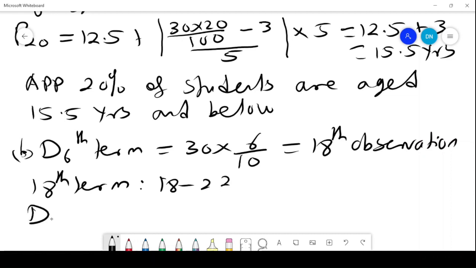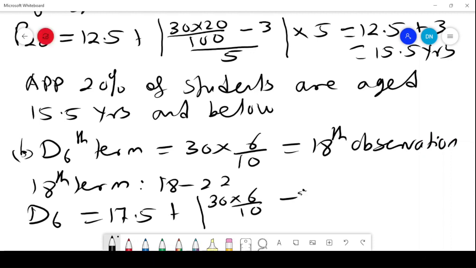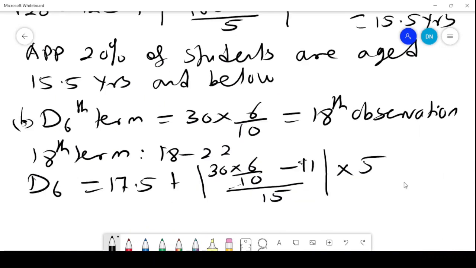Therefore, I can say that D6 will be 17.5 plus 30 times 6 over 10 minus the sum of the frequencies before that class, which is 11, times 5, divided by the frequency of that class, which is 15. The sum of frequencies actually is not 11, but it is 8.